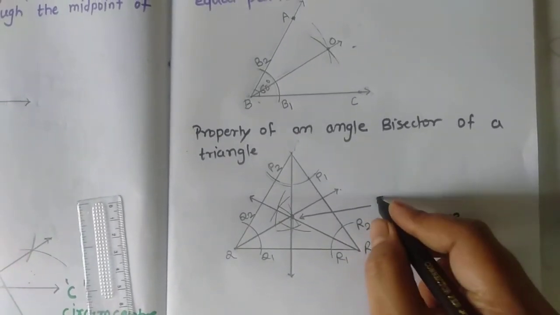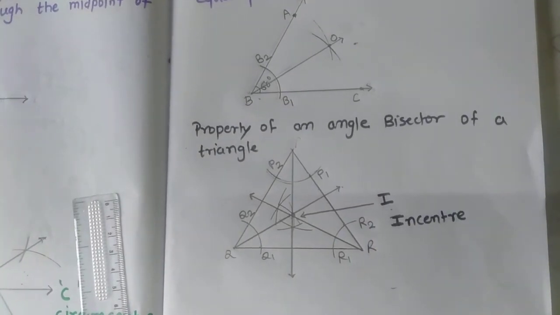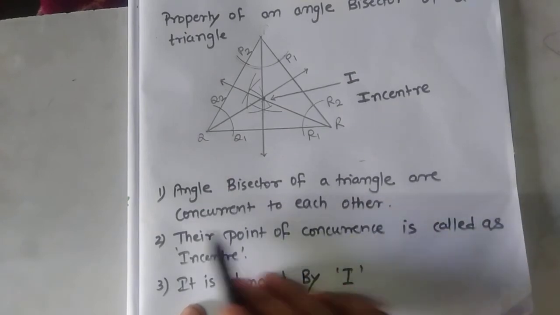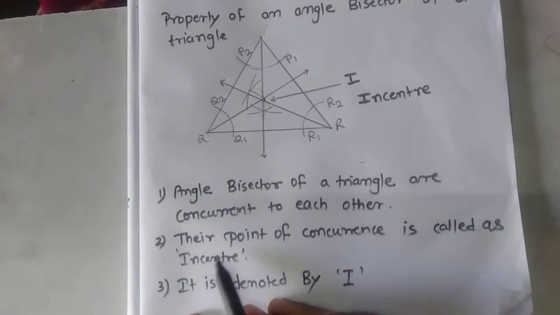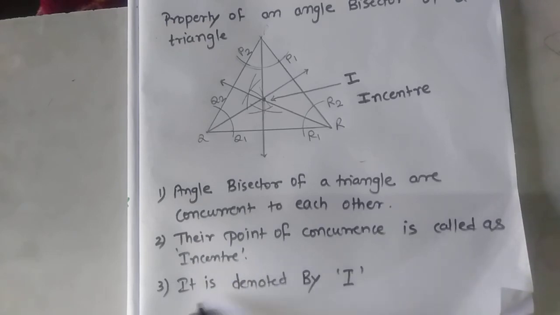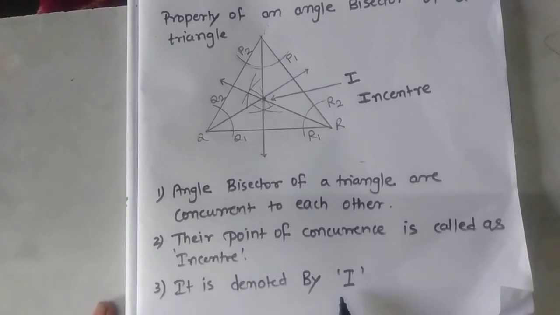Understood? Means the angle bisectors of a triangle are concurrent to each other. Their point of concurrence is called the incenter and it is denoted by I.